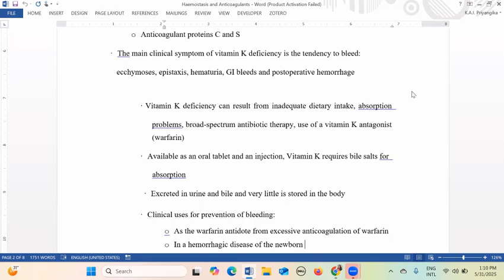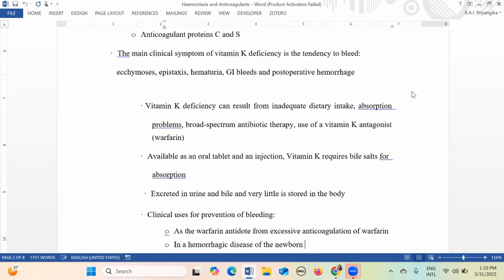Vitamin K is available as an oral tablet and an injection. Vitamin K requires bile salts for absorption because vitamin K is lipid soluble. Vitamins K, A, D, and E are water insoluble and lipid soluble vitamins.